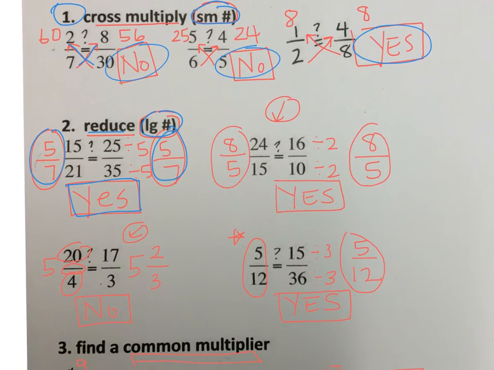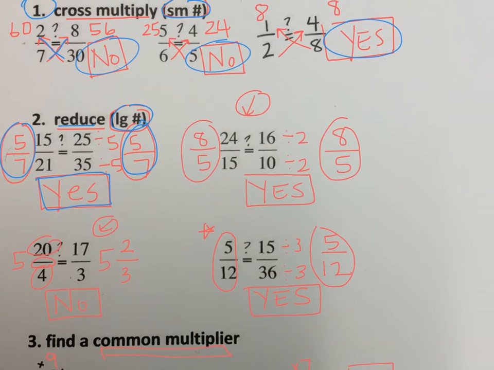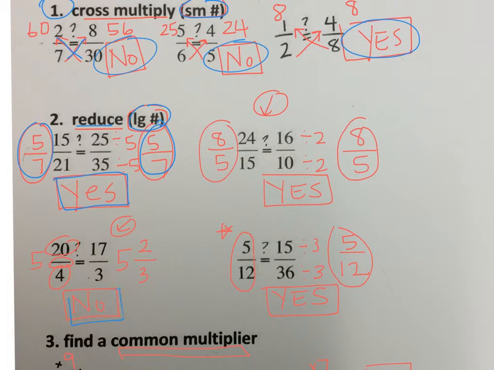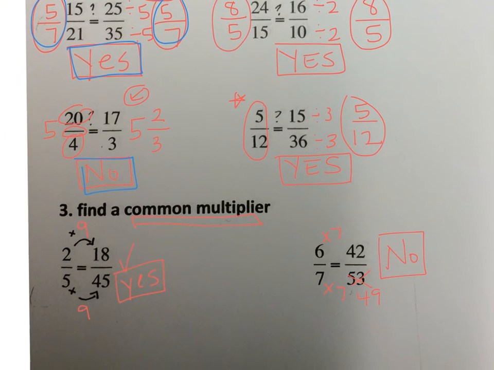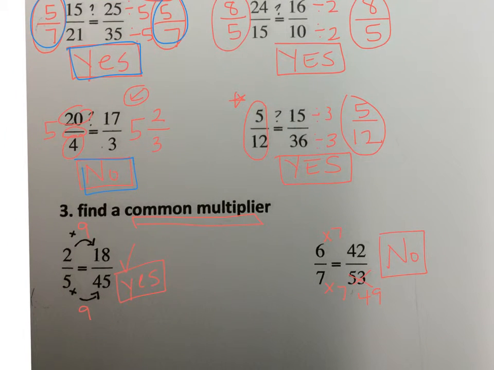If not, then no, they do not. And finally, find a common multiplier, and these you'll do automatically. We did some of these last week, so you'll already know. If 2 times something is 18, and the same thing we can multiply down here, then yes, they form a proportion. If not, then no, they do not.